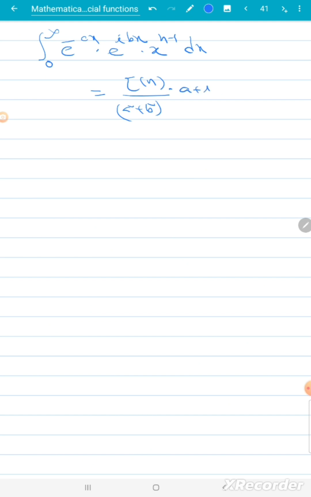Now a square plus b square whole to the power of n is r to the power of 2n, and a plus ib is r cos theta plus I into r sin theta whole to the power of n.